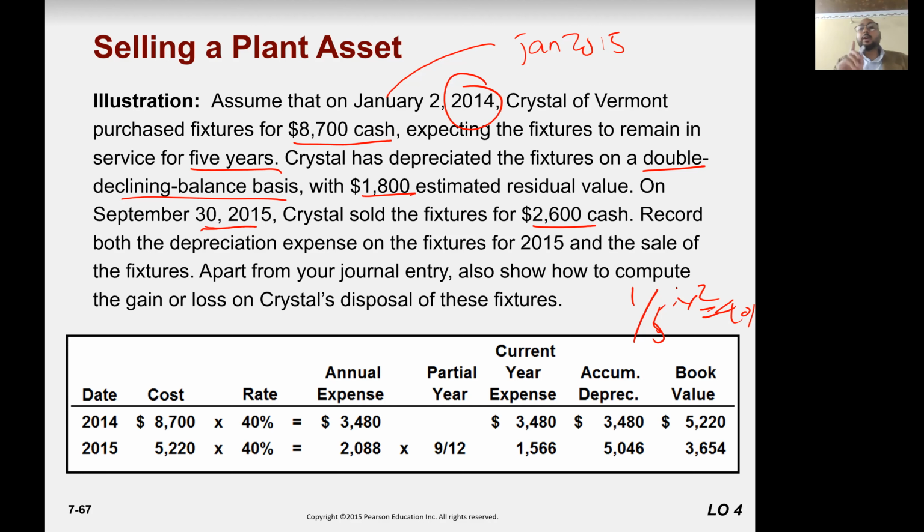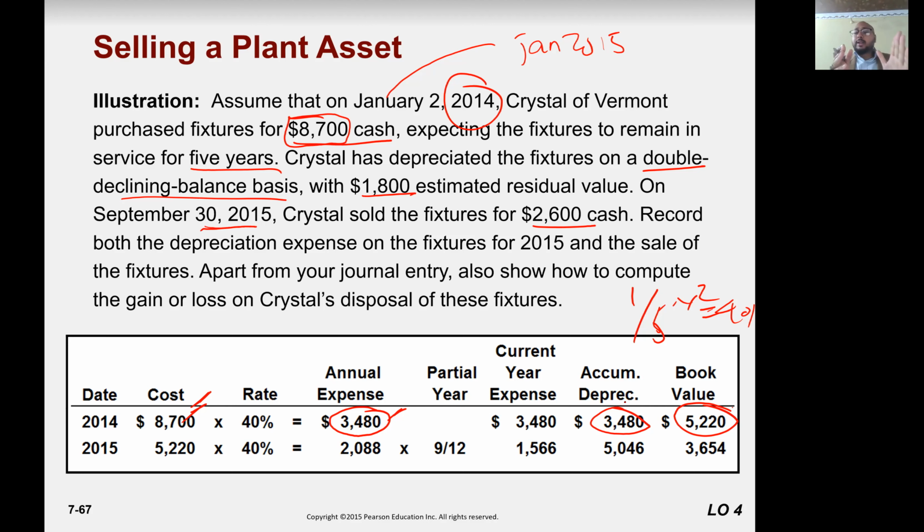All right. 40% multiplied by the acquisition value, or purchase cost, 8,700. That would be your annual expense, and that would be your accumulated depreciation as well. What is the entry? Depreciation expense to accumulated depreciation. So what is the book value? 8,700 minus this depreciation. The answer is 5,220. So in 2015, they used the asset for 9 months, and after 9 months, they sold the asset.